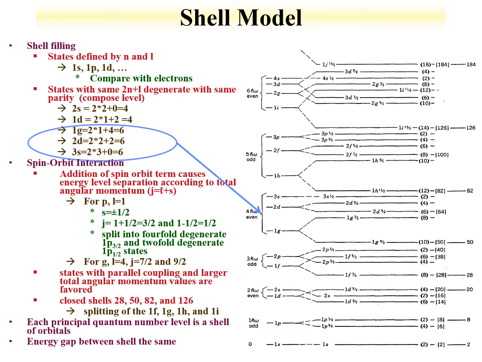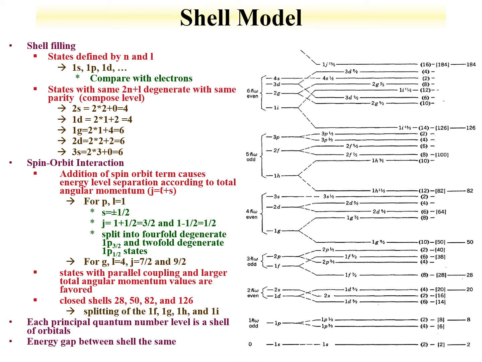We can see the same thing shown here, where we have the 1g, 2d, 3s, all equal to 6, and those levels become degenerate.